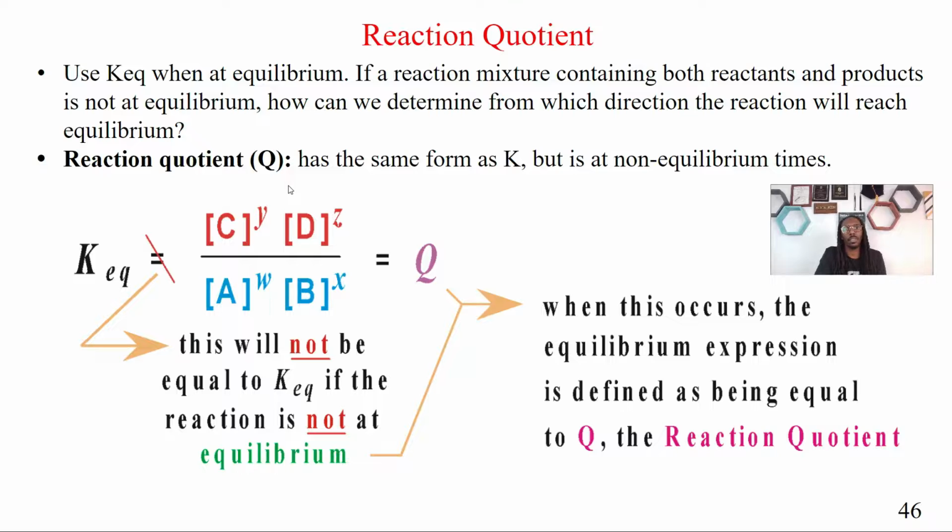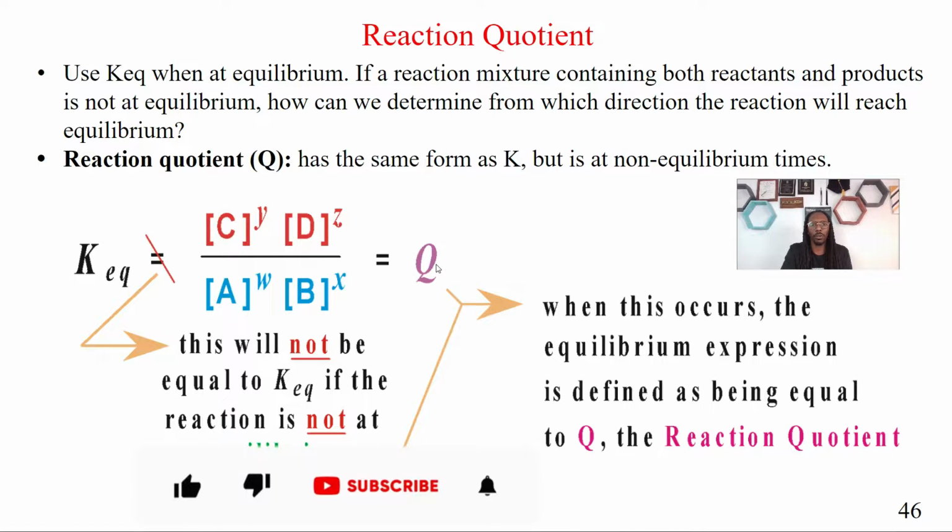Basically, it's going to have the same form as our K, but we're able to use this when we're not at equilibrium. Anytime we're not at equilibrium, we're going to be using Q. If we're at equilibrium, use K. Q looks very similar: products over reactants, but instead of equaling K, it's equal to Q, due to it not being at equilibrium.